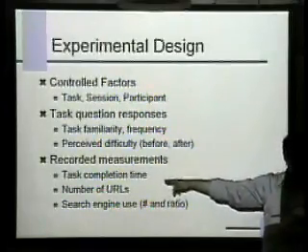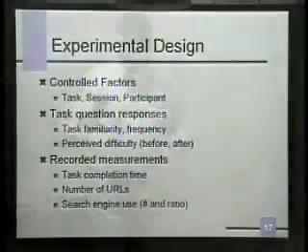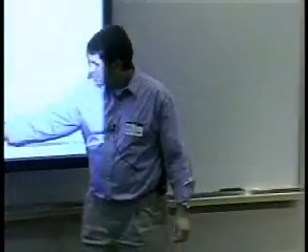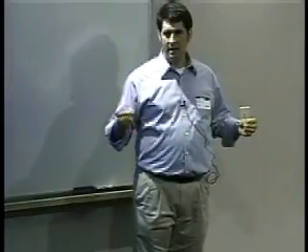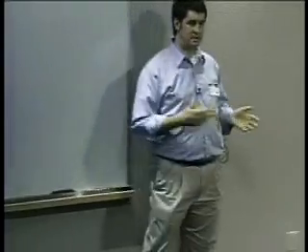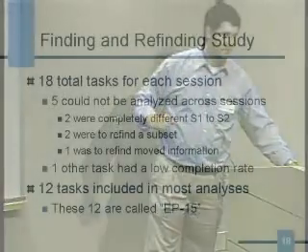We recorded the number of URLs and the number of search engine uses. And actually, most of what I'll talk about here was we used a ratio measure on the search engine use, because if you had a task that required a lot of URLs, that could offset, you know, you'd see using one search engine use versus if you had one search engine use in a task that only had 2 URLs. So usually I talk about a ratio measure there.